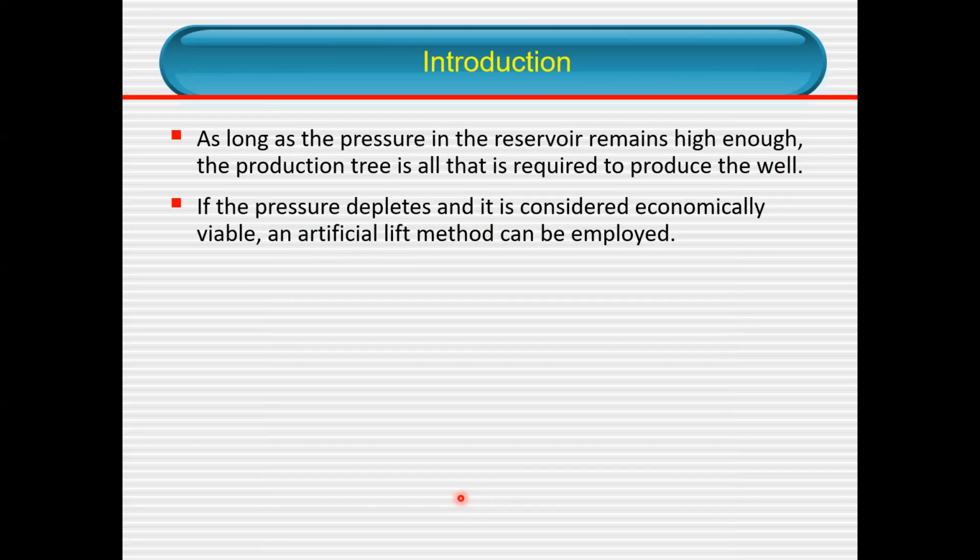But as you know, in time you are going to have reduced pressure, so you can't produce this crude oil naturally. You need some assistance. That is why you see the artificial lift and other elements which are required to flow this crude oil.